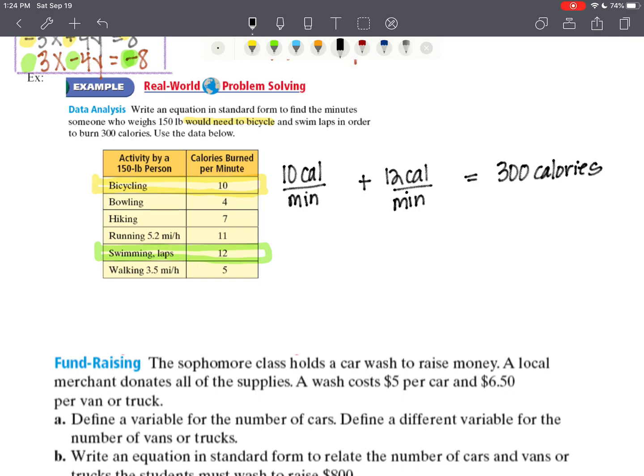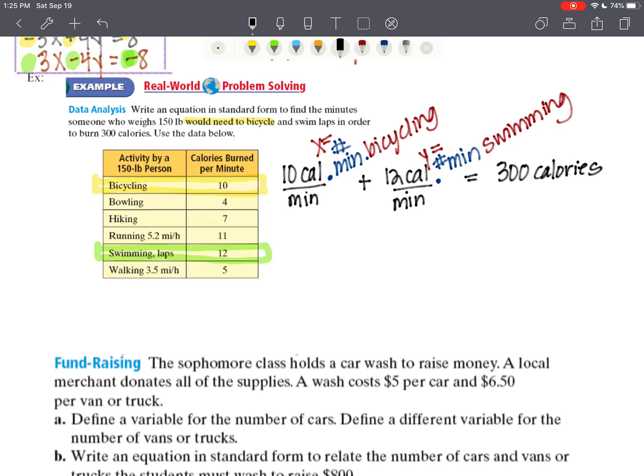So I'm going to have to take 10 calories per minute and multiply it by minutes. And then I'm going to have to do that here times the number of minutes. But are those going to be the same number of minutes? No, because I could spend more time bicycling than I do swimming, or I could spend more time swimming than I spend bicycling. So x is going to equal the number of minutes bicycling, and y is going to equal the number of minutes swimming.